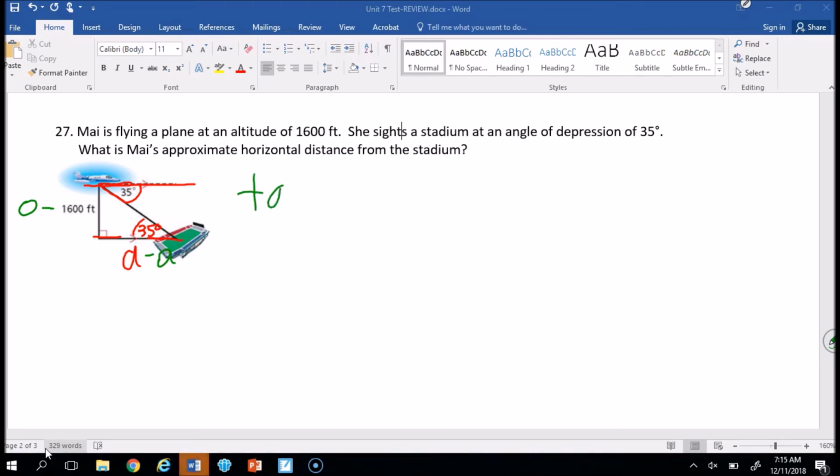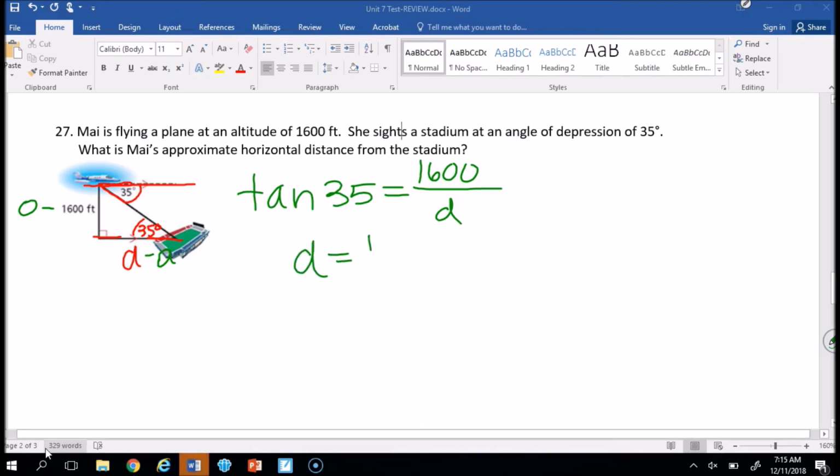So we're going to say the tangent of 35 degrees is equal to opposite, which is 1600, over adjacent, which is our D. If you recall, when we do this type of problem, we're going to swap the tangent 35 and the variable. So D equals 1600 divided by the tan of 35.